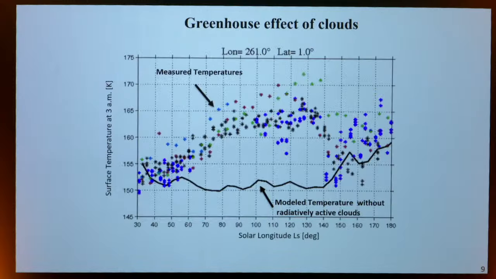Yet, for instance, today, during the cloudy season, when we measured the temperatures of the surface at the equator, which is shown by these points, and compared with model temperatures, which are shown with these black curves, you see that we have a discrepancy. The measured surface temperature is warmer by 10 to 50 Kelvin, which is much higher, and this effect is actually induced by the radiative effect of clouds.